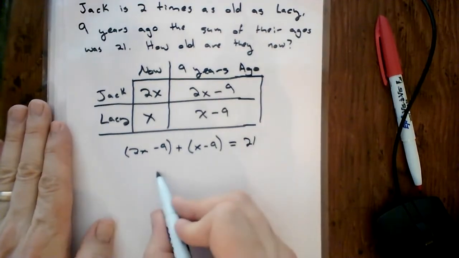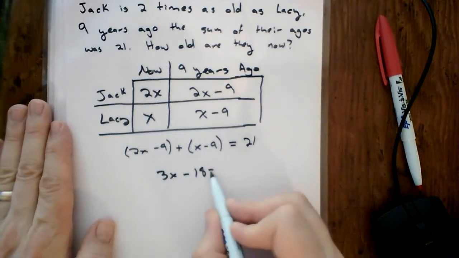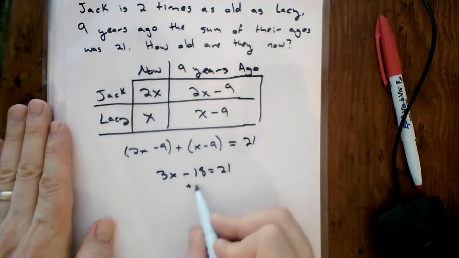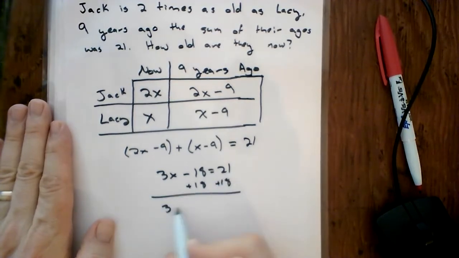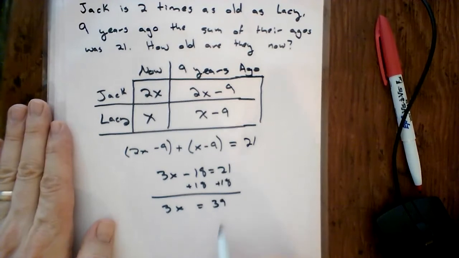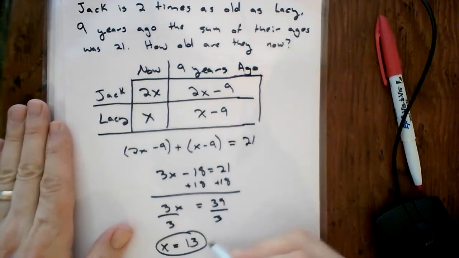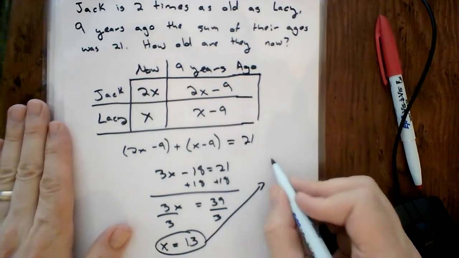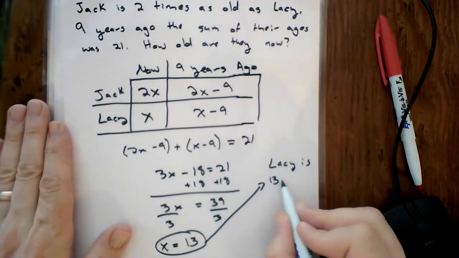All right, let's go ahead and do this. 2x plus x is going to be 3x, minus 9 plus minus 9 is minus 18. I'll go ahead and add 18 to both sides. So I've got 3x is equal to 39, and I'll divide both sides by 3. So I've got x is equal to 13, which means Lacey's age is x, so I can say that Lacey is 13 years old.